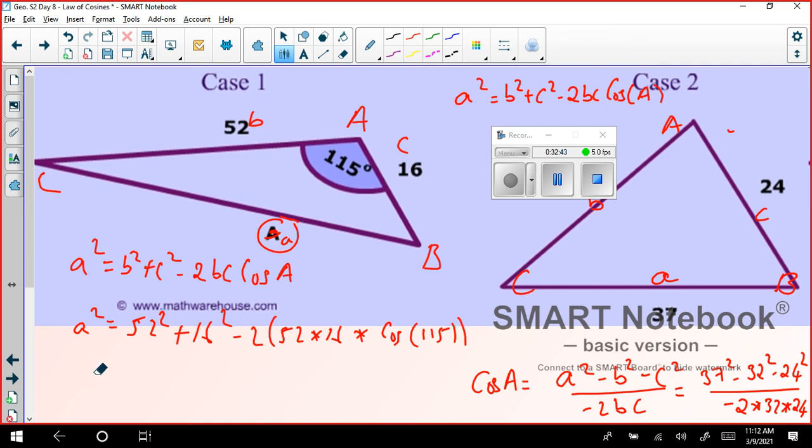So just substitute this in calculator to find a square. So 52 square plus 16 square minus 2 times of 52 times 16 times cos of 115.